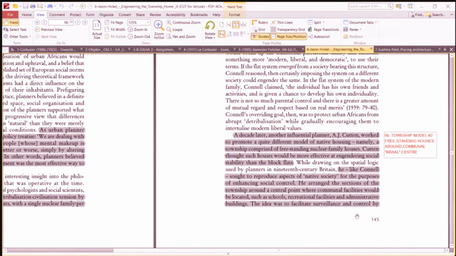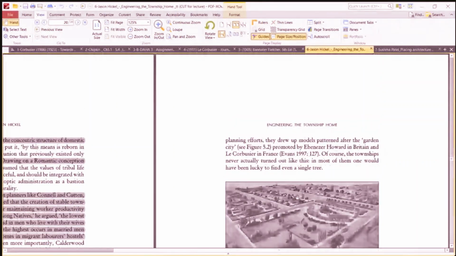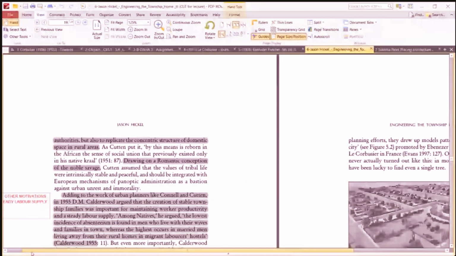So this is where those ideas come from. A central point for community facilities, the idea was to facilitate surveillance and control. So it's easy to control those spaces, manage them, easy for police to come in, but also to replicate the concentric structure of domestic space in rural areas.